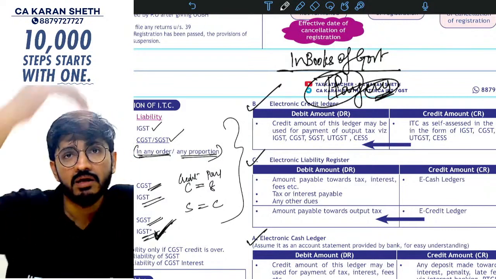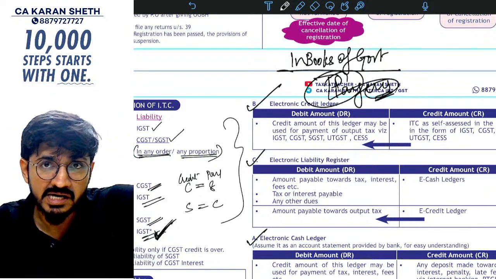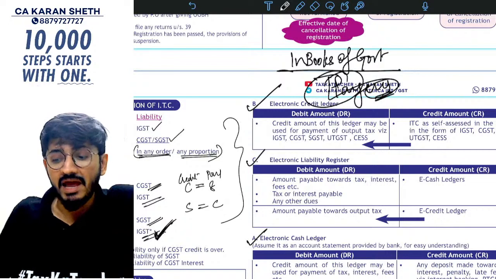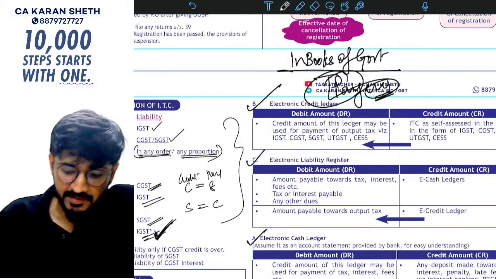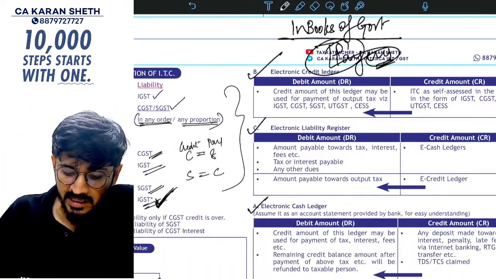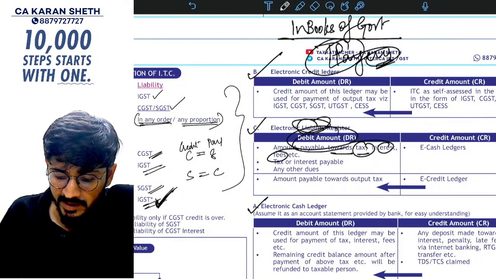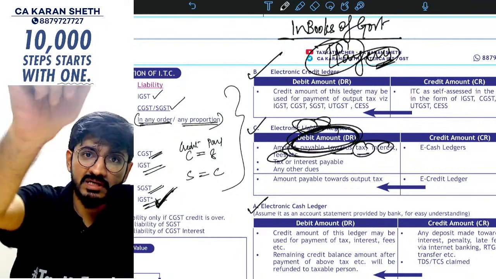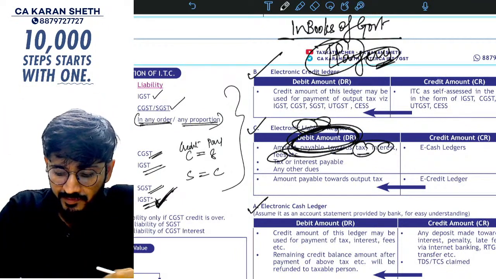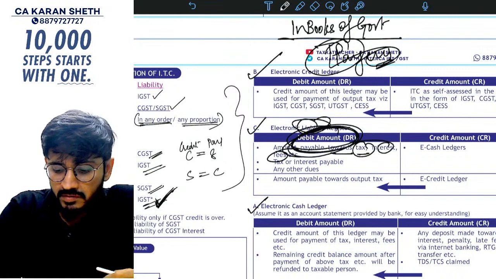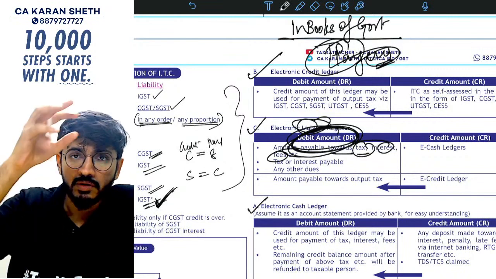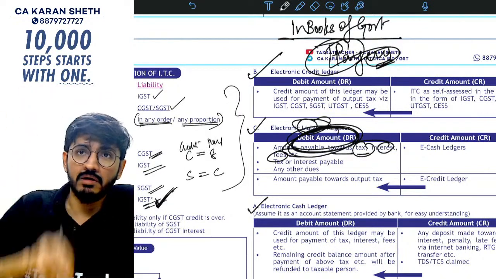Late fees payable, receivable. Penalty payable, receivable, and which is why you will debit that. So if you see the e-liability ledger, the amount payable towards tax, interest, late fee, penalty, you will see the entry on the debit side. This is because it is the amount the government is receiving from the taxpayer.